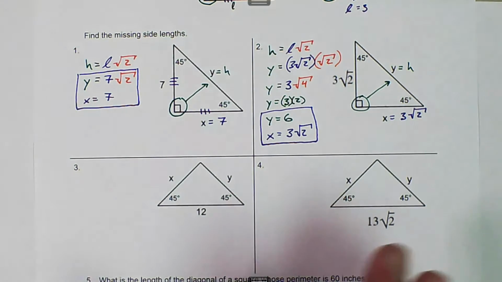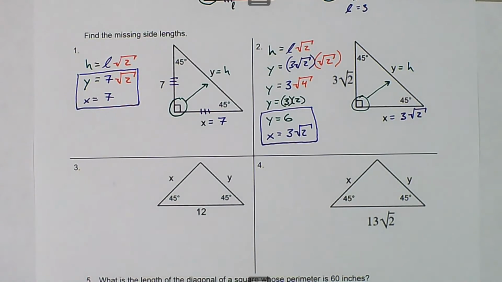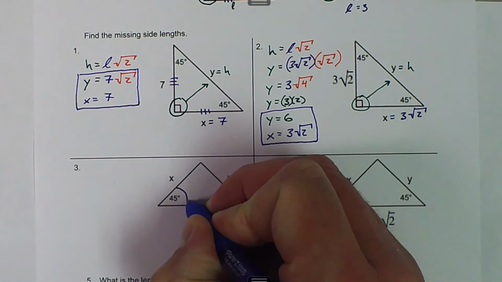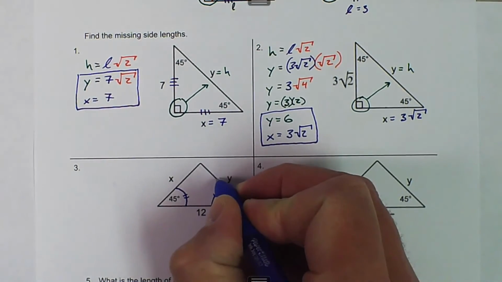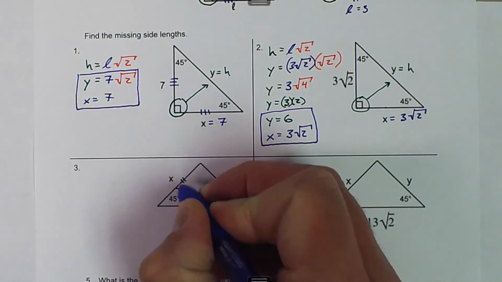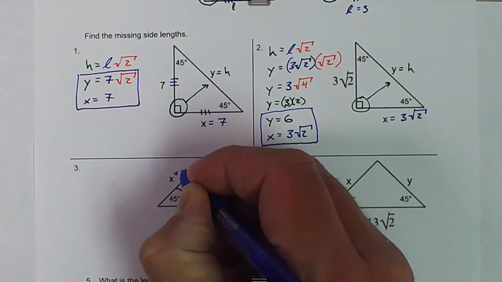Now we're looking at example 3. In this case, they gave us x and y, but the good news was this is 45 degrees and this is 45 degrees. So we know that x and y are congruent, and x and y can otherwise be known as they're both the legs, right?